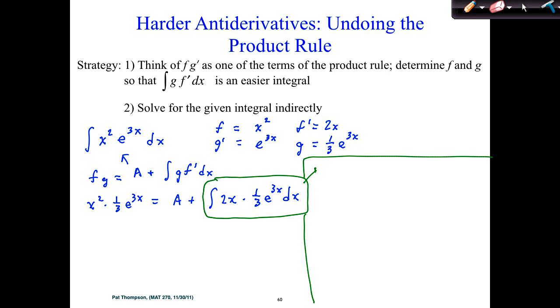So what would we do? I'm going to use capitals over here, so F and say G prime. And make my F 2x and my G prime 1/3 e to the 3x, which would make F prime equal to 2. And now G would be, we need another factor of 1/3.